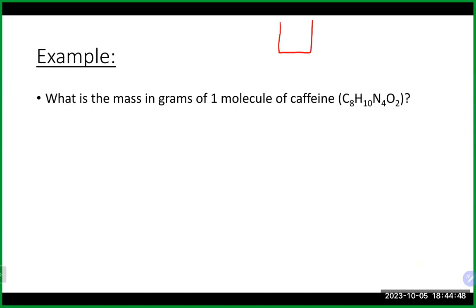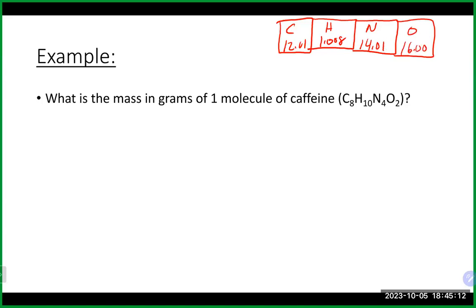All right, so we're looking for how many grams are there in 1 molecule of caffeine? That's what I'm trying to spit out there. All right, so some numbers again that we've been using still haven't changed. So we'll pop them up here anyways. We'll do our nitrogen and our oxygen. So in this case, we're just looking for the grams in 1 molecule of caffeine.